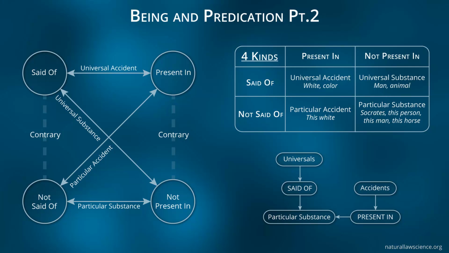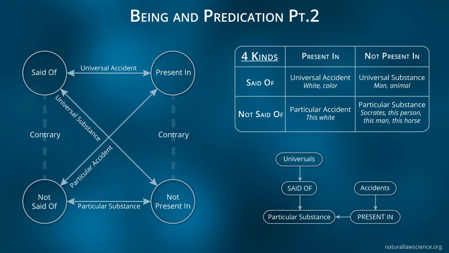So we have universal accidents, universal substance. If we have a particular accident, well, a particular is not said of, whereas the universal is said of, because the particular is the thing itself. So the particular accident, it's not a substance, because this white doesn't ever exist in itself. It's always an accident to something that does exist.